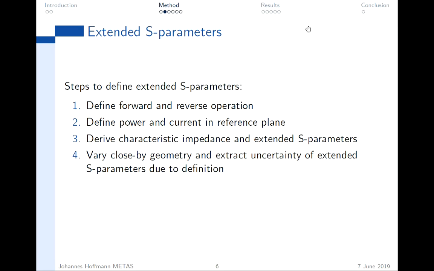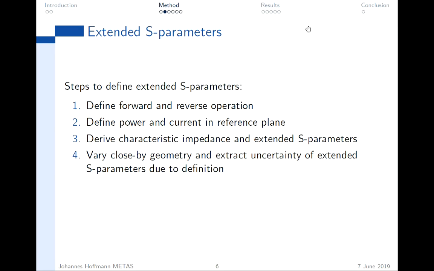This means we send energy forward through the interface and backward. And for these two cases, we define the power and current in the reference plane. So this is a power integral and a current integral. The current integral is a ring integral around the center conductor. From these two things we can derive the characteristic impedance and the extended S parameters in this reference plane.